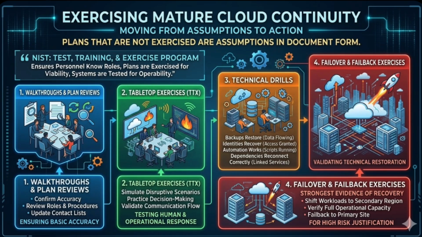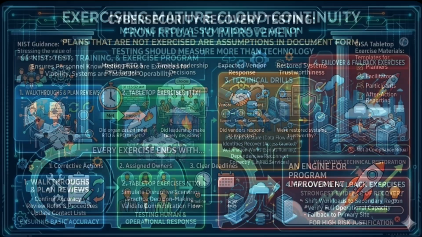Tabletop exercises test decision-making, communications, and roles. Technical drills validate that backups restore, identities recover, automation works, and dependencies reconnect correctly. Where the risk justifies it, failover and failback exercises provide the strongest evidence that the environment can actually recover.